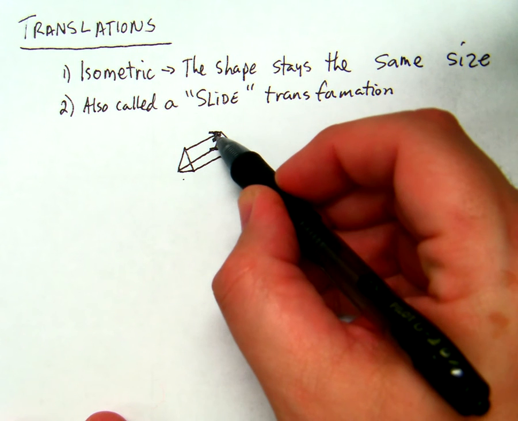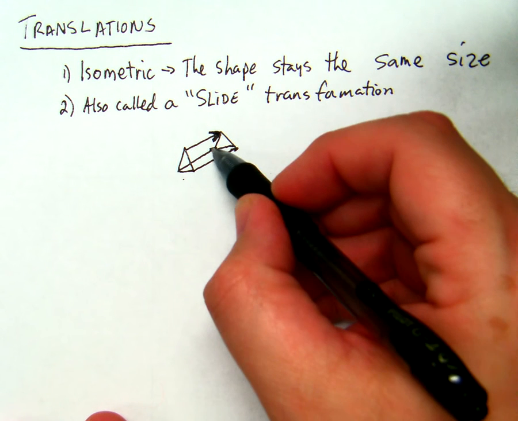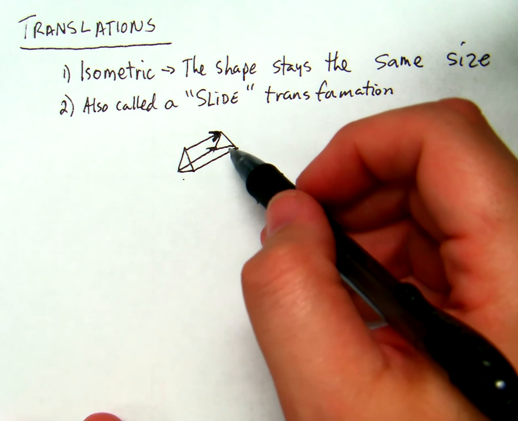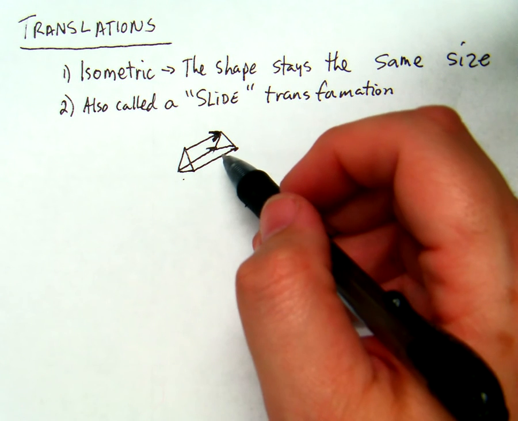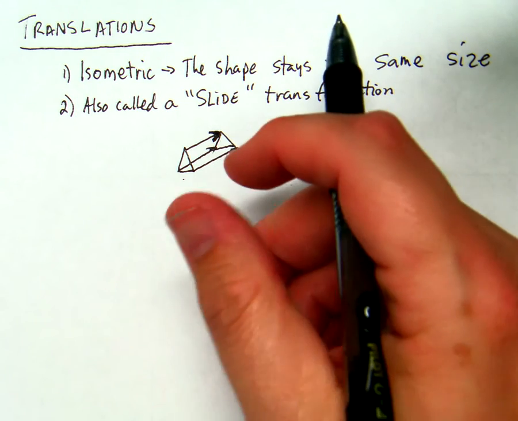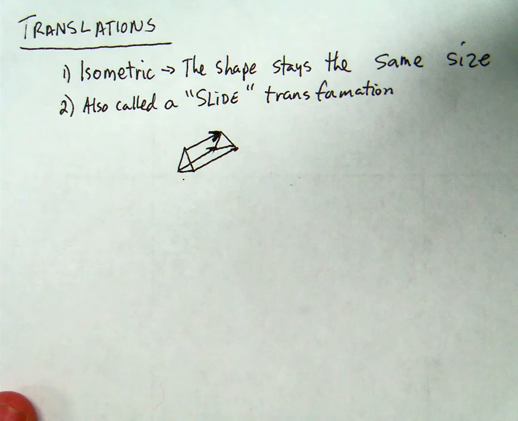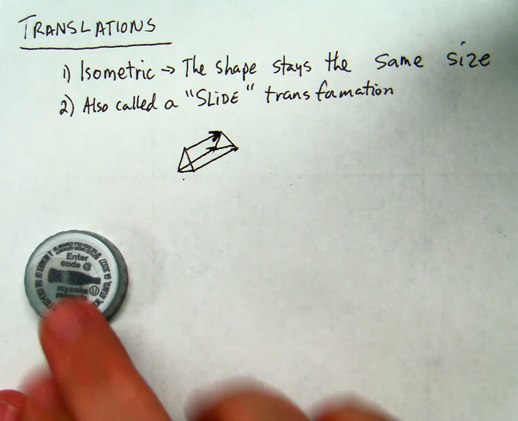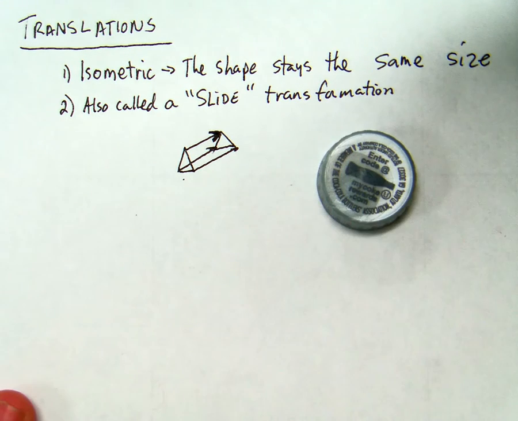we're going to be told, how do we get to the new place where we're going to put the shape? Now, we're not going to flip it around. We're not going to reflect it over a line. We're not going to do anything like that. We're just going to take a shape, I have to use a bottle cap like this, and I'm going to slide it to a new location. That's it. That's all we're doing.